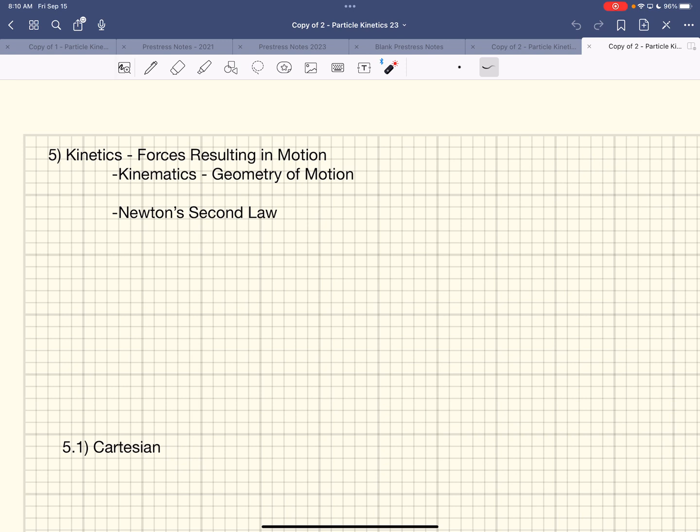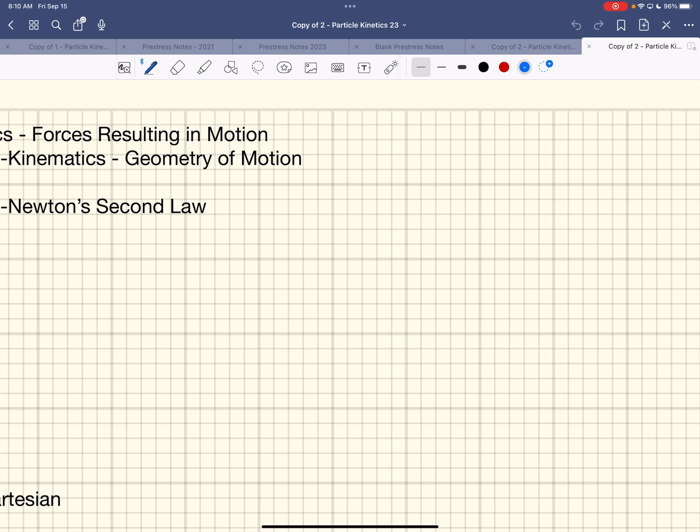Okay, so kinetics now. To this point, we've said very little about forces, right? We just talked about the geometry of motion, that's kinematics. We need that stuff. We're still going to use it as we move forward, but there's no mention of forces. Now, though, we get into forces and kinetics. We're going to do three methods in kinetics. We're going to do what we call FMA, force, mass, acceleration.